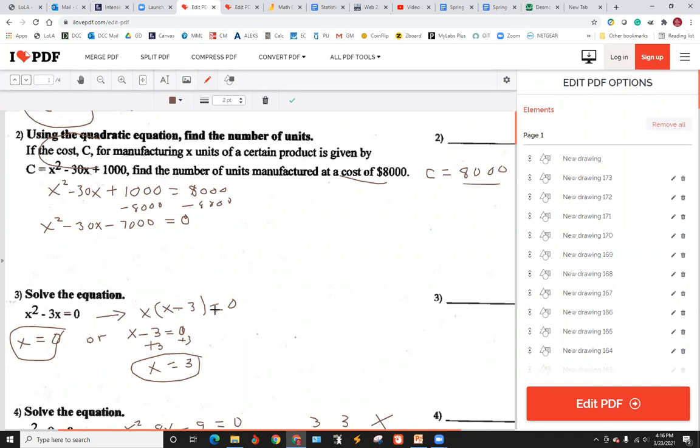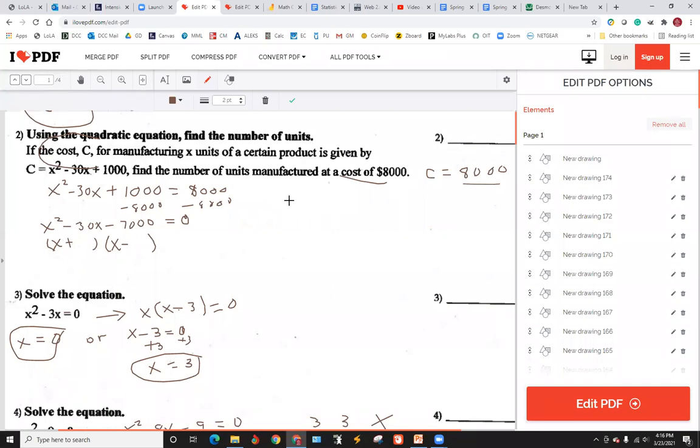All right, so different signs. So it's x plus and x minus. Now, once we determine what the factors are, the larger number is going to go here because that's negative.